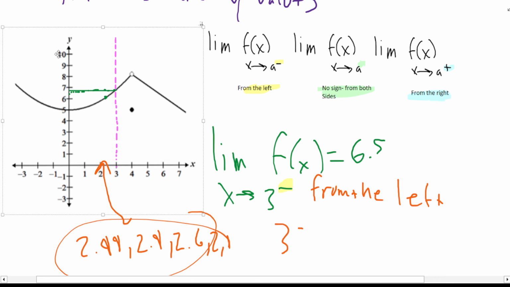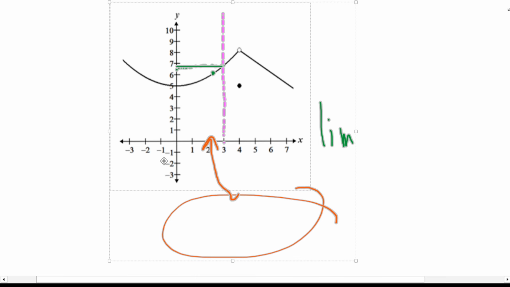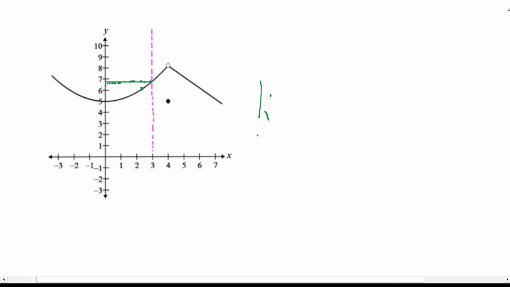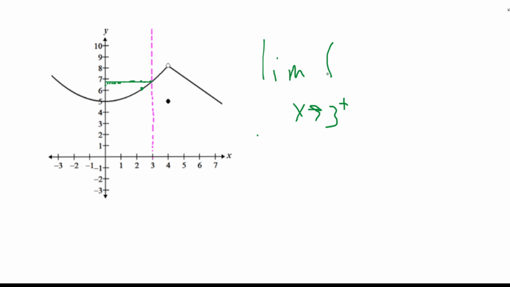Now you might be wondering, what if I take the same exact problem and now ask you to find the limit as x approaches 3, not minus, but plus? Does that change the actual value of the limit? Well, since we're going 3 plus, numbers that are bigger than 3 are 3.3, 3.5.